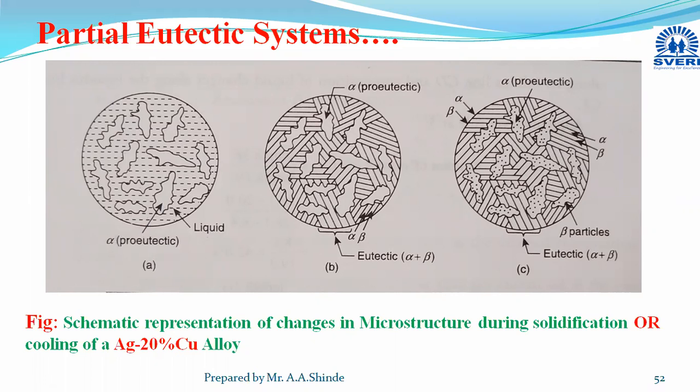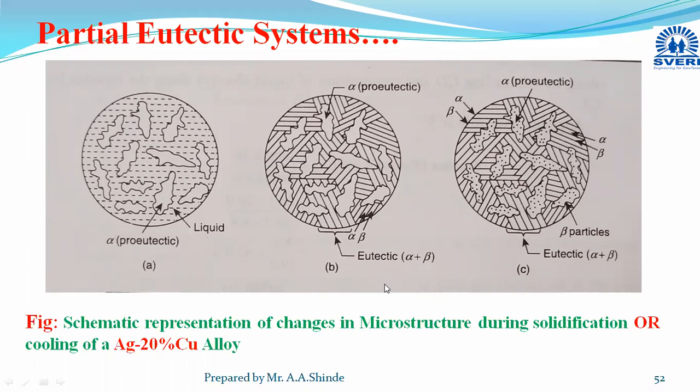And when temperature reaches point 3, eutectic transformation will occur, and this liquid will get transformed to a mixture of alpha and beta. This line portion is nothing but alpha and beta.